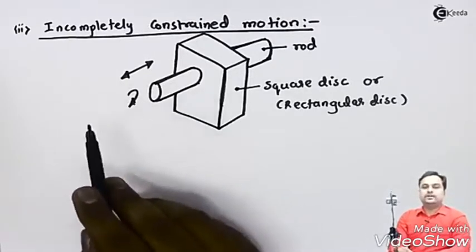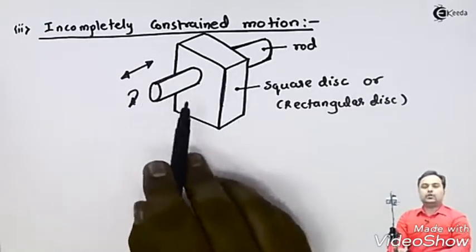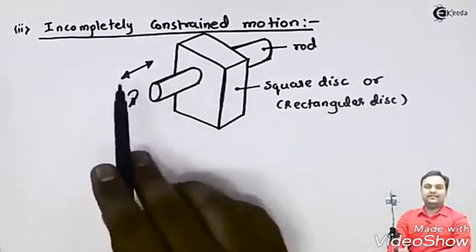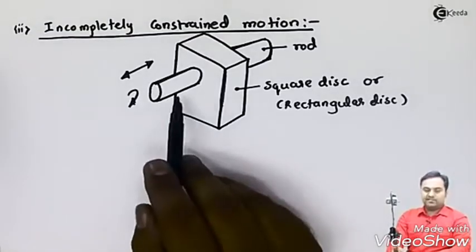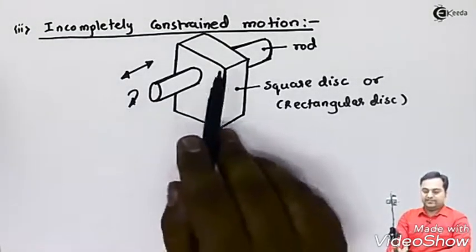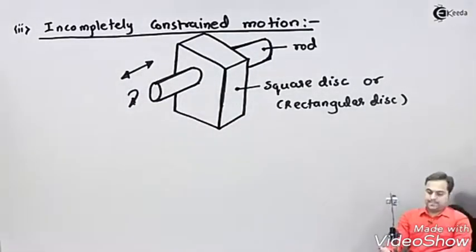So here the motion becomes incompletely constrained, because if it was just rotating and not translating, then it would have been completely constrained motion. But since here it is rotating as well as translating, it is called incompletely constrained motion.